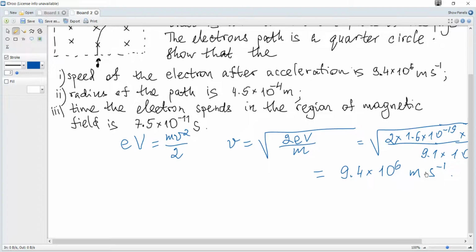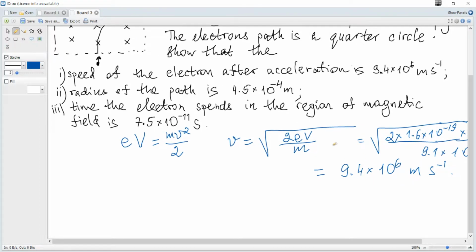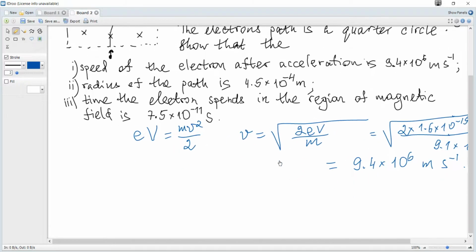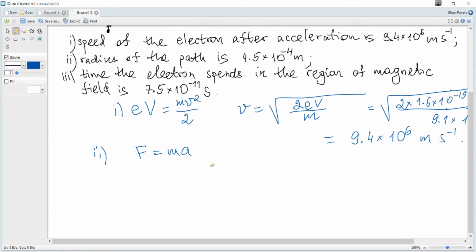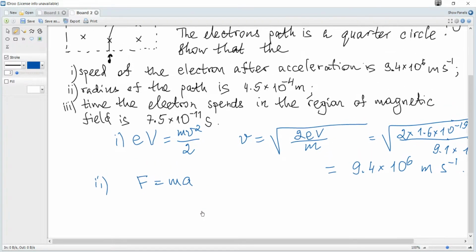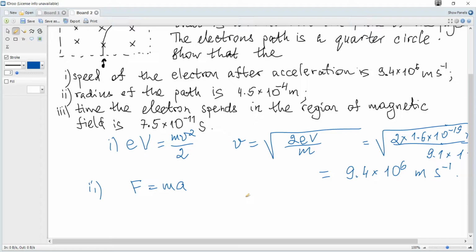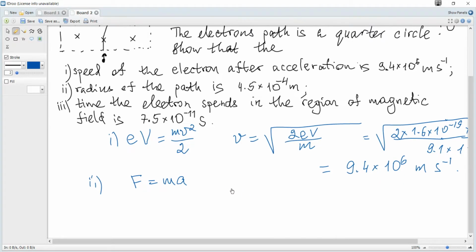Next, the radius of the path. Let's consider Newton's second law. Net force in general is equal to ma. And what is the force which acts on this electron?